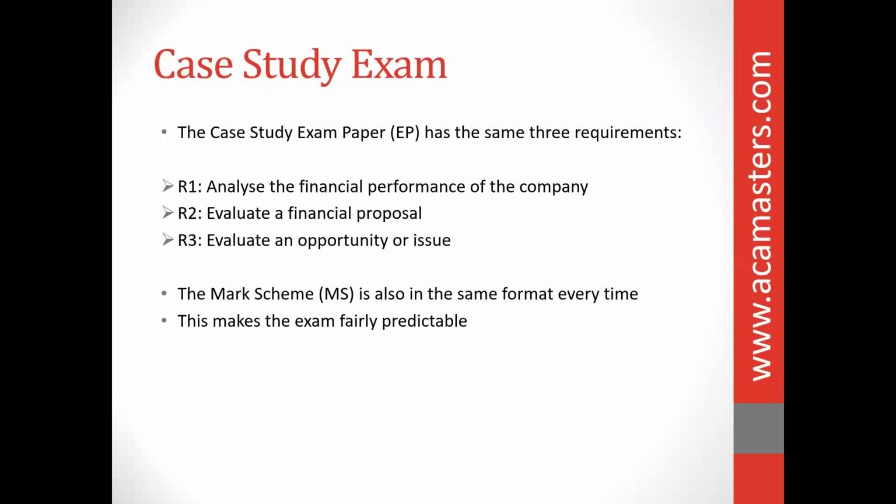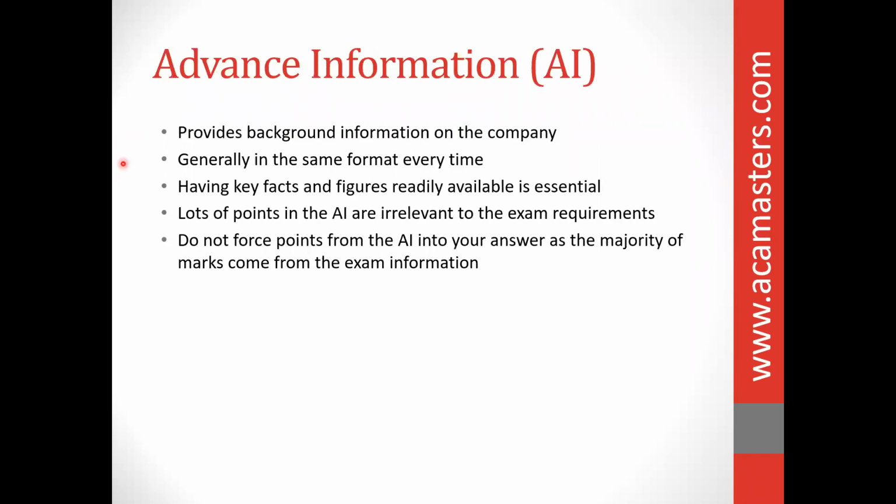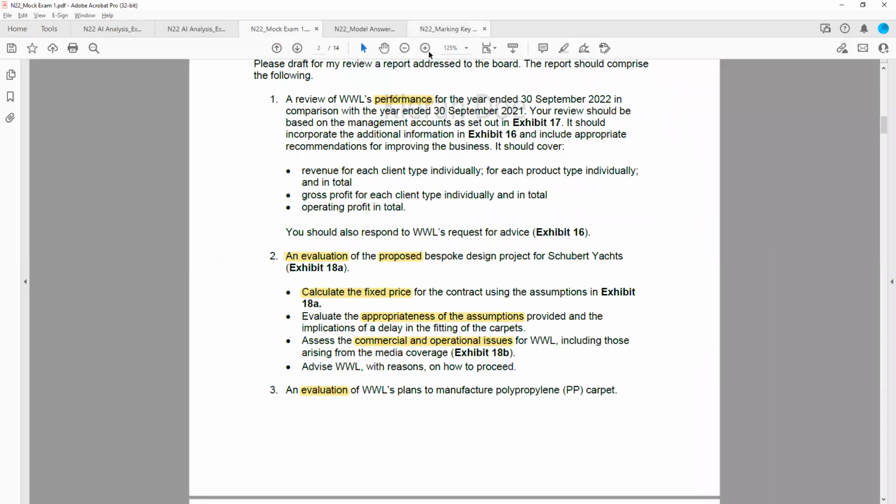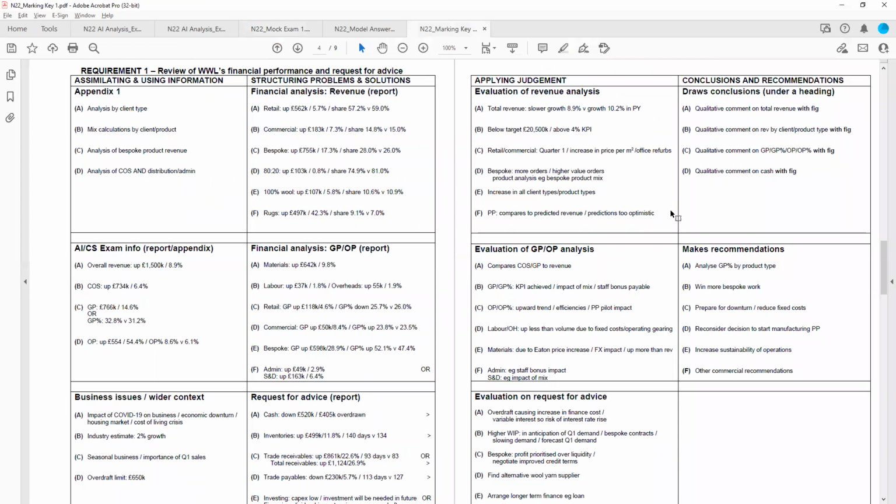So in addition to the exam paper being in the same format every time, with the same types of requirement, and the AI being in the same format each time with the same types of exhibits and the same type of information included within those exhibits, the mark scheme is also in the same format every time. So we'll see the same types of boxes on the marking key for each requirement, and the same types of points included within those.